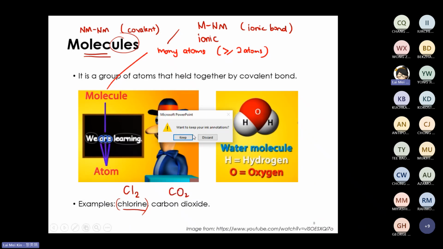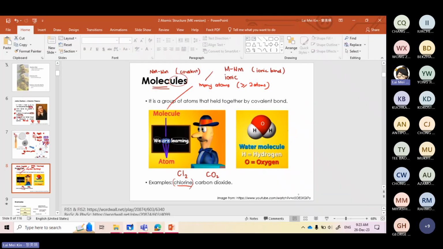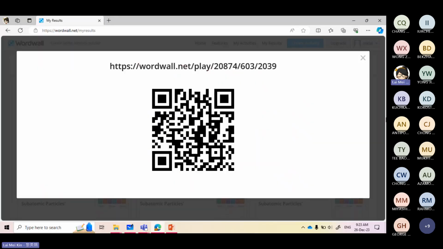All right. Okay, so very simple game for you. All right. So you can scan this. Remember to put in your student ID. Very important. Key in your student ID correctly. All right. So this game is for you to drag and drop the characteristics of subatomic particles. For example, proton. What is the charge?